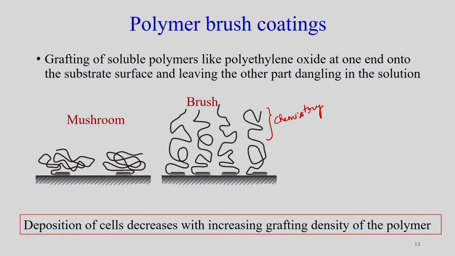And if you just see in this picture, the polymer brushes occupy two different conformations. One is the mushroom and the other is the brush conformation. Particularly, these polymeric brushes are desired for antibacterial coating.